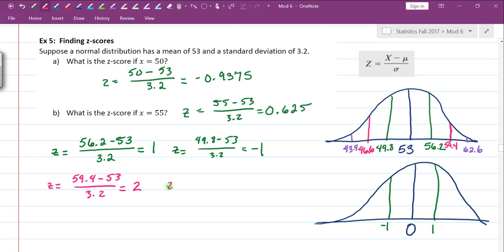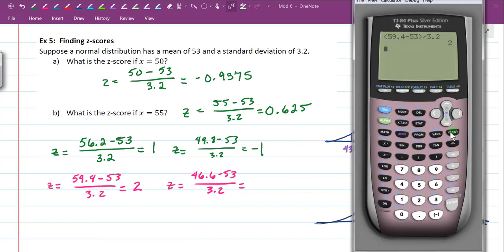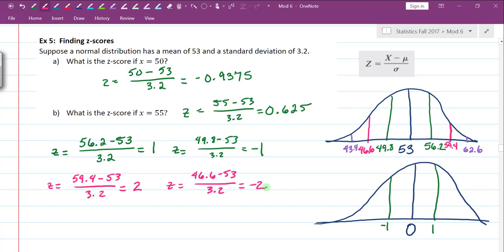What is z when x is equal to 46.6? So 46.6 minus 53 divided by 3.2. Throw that in our calculator. And we get 46.6 minus 53 parentheses divided by 3.2 parentheses, negative 2.